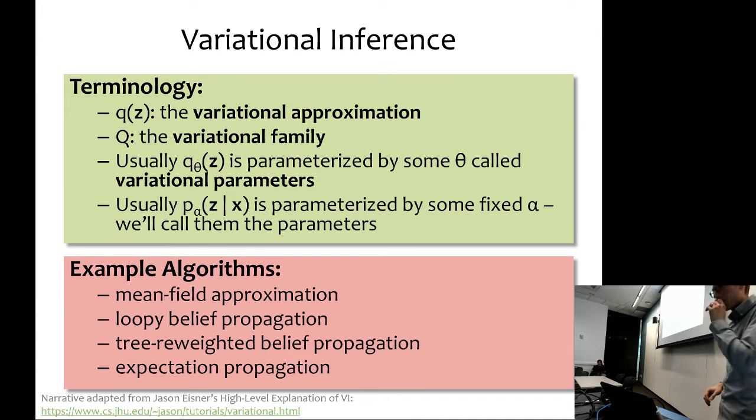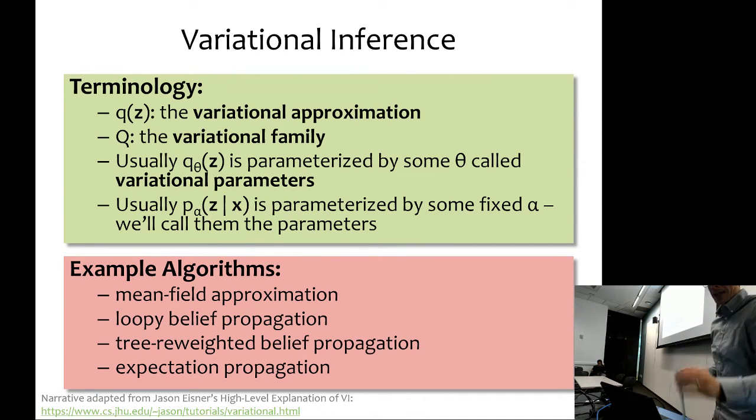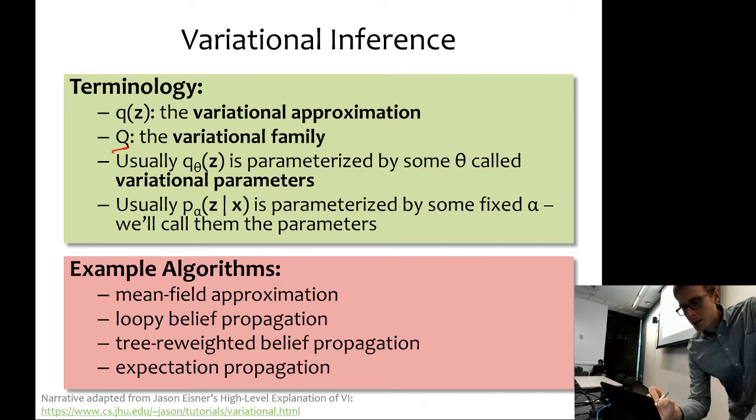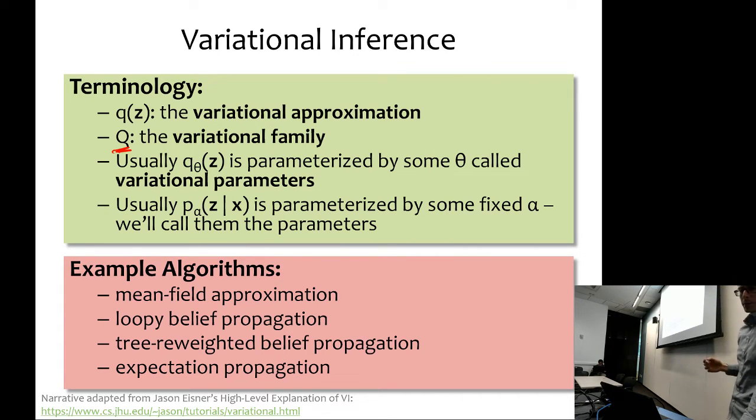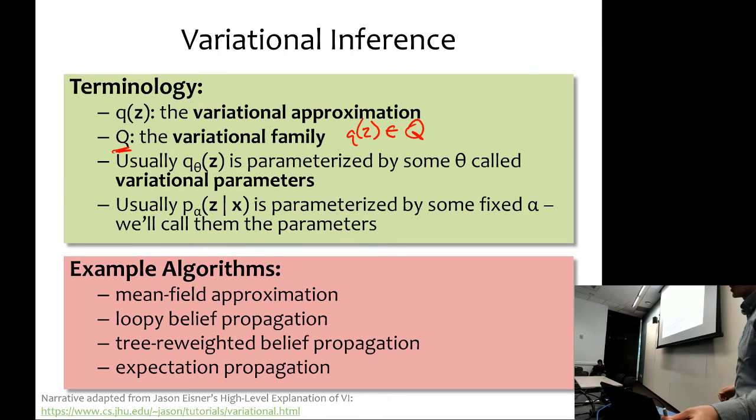Okay, so we need some terminology here. Q of z, we're going to call the variational approximation. And capital Q is going to be the variational family. And we would say that Q of z is going to be some distribution in the variational family.